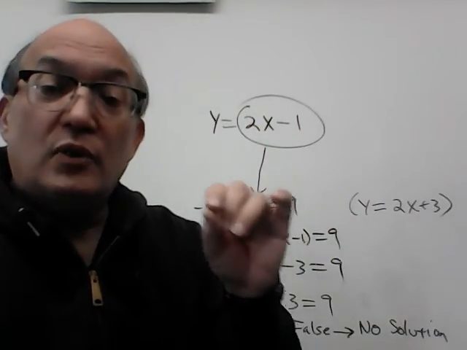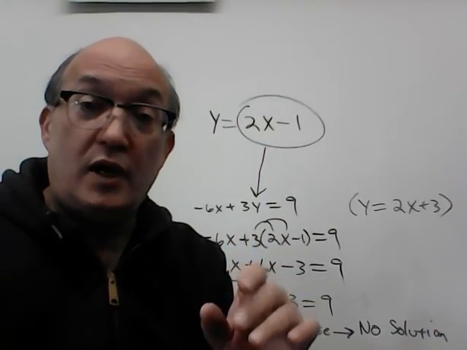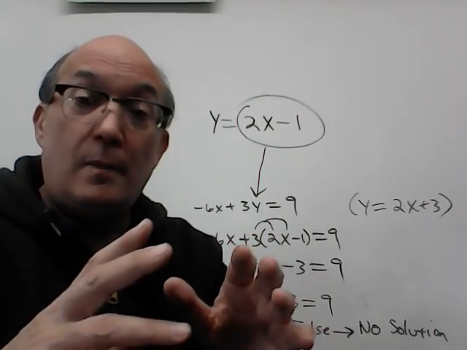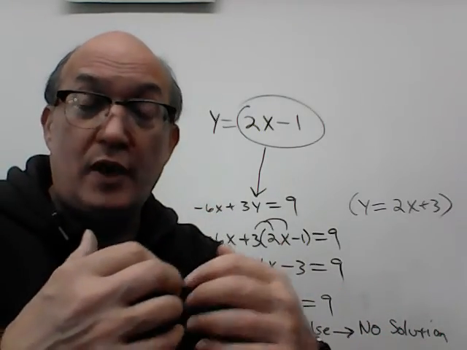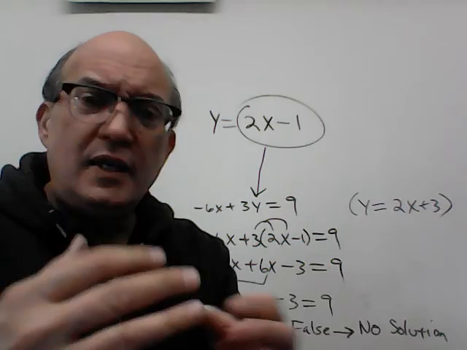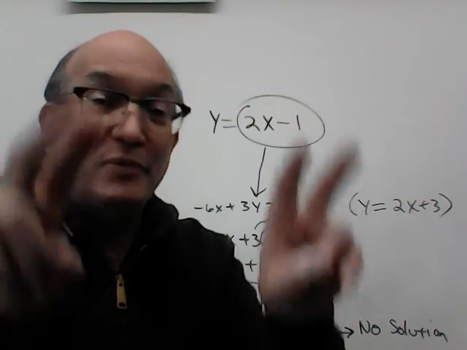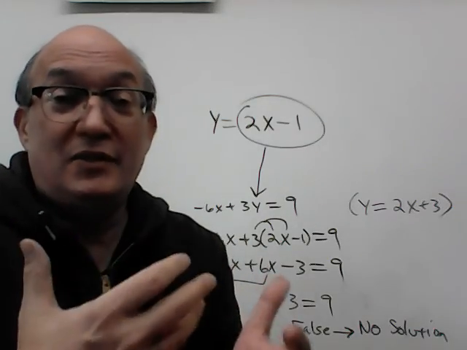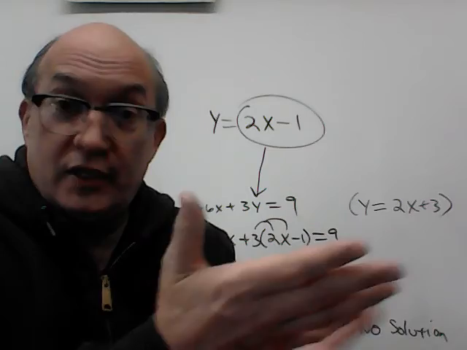I just want to point out some commonality, right? In those 2 special systems where you have really the same line in disguise, or where you have 2 parallel lines, in either of those situations, the slopes of the 2 lines are the same. If it's the identical line, obviously, same slope.